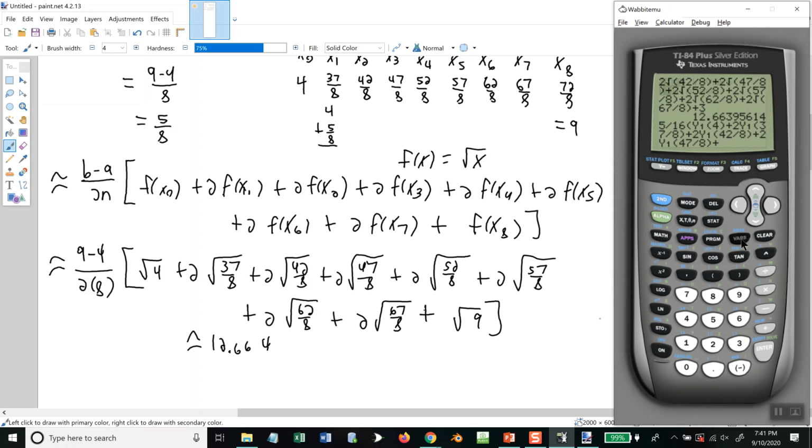Plus vars, y vars, function, 52 over 8. Jeez. I knew this section would be easy, but I knew it'd be very tedious also. I forgot the 2, didn't I? Well, you get the idea.